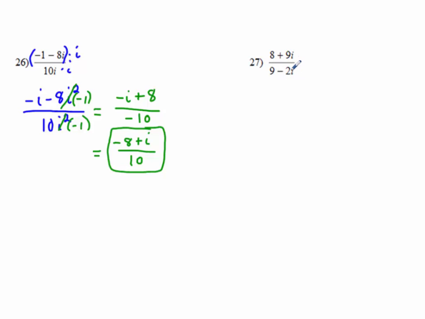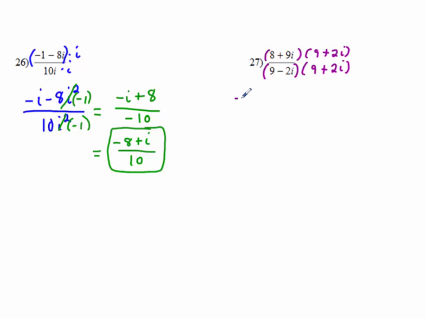When I have two terms on bottom, like on 27, it's harder to get the i off the bottom. I have to take what's on the bottom and change the sign, and that's what I multiply by, 9 plus 2i. Which means I have to FOIL on the top and the bottom. The whole reason this works is when I do 9 minus 2i times 9 plus 2i, my middle terms will cancel out when I FOIL, which gets rid of my i's.